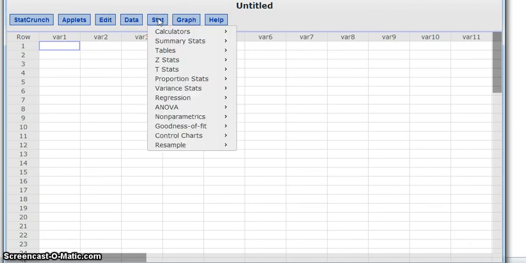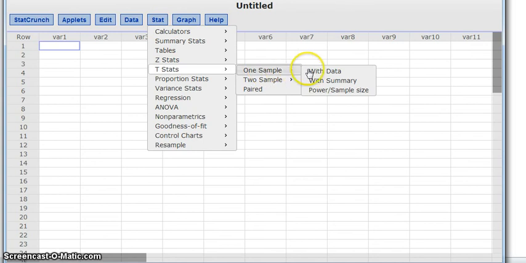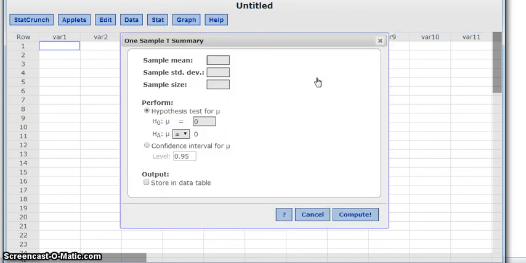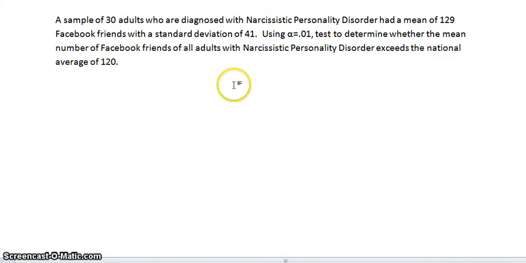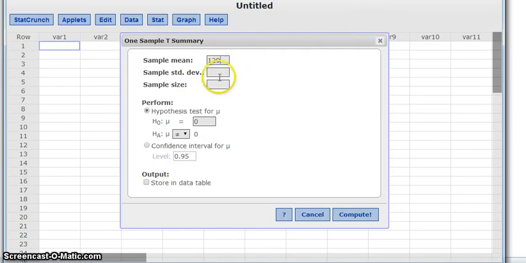So we're going to go to Stat, T-Stats, one sample with summary. And our sample mean was 129 with a standard deviation of 41. Our sample size was 30.